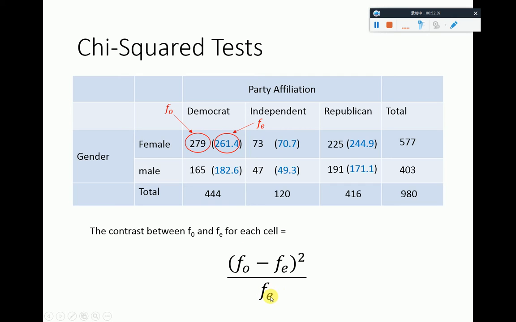Don't ask me why it is like this; that will be beyond the scope of this class, but just know that this is how we calculate the contrast. And this will be for each cell. For each cell, we can calculate a contrast value.